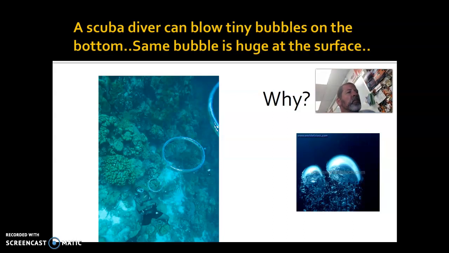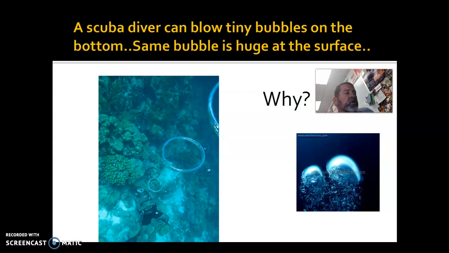Now you want to write down Boyle's law. Okay? Boyle's law connects pressure and volume. So you're going to have a little tiny volume under high pressure and a big, big volume under low pressure. So a balloon at the top of a mountain is going to be huge. That same balloon would be quite small down at sea level.